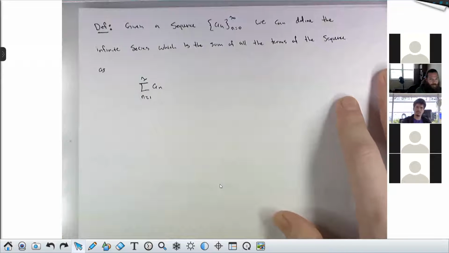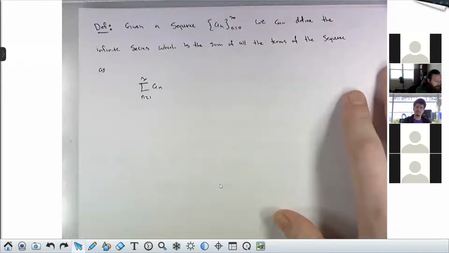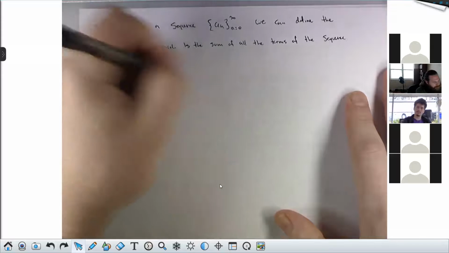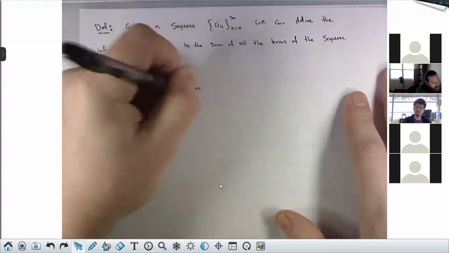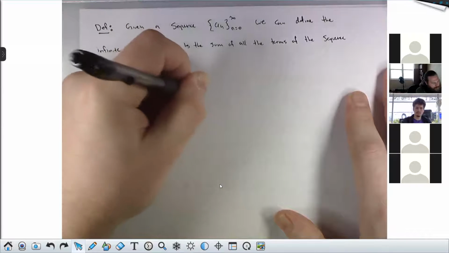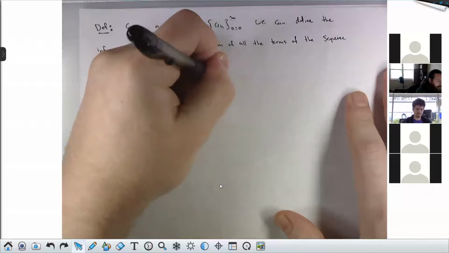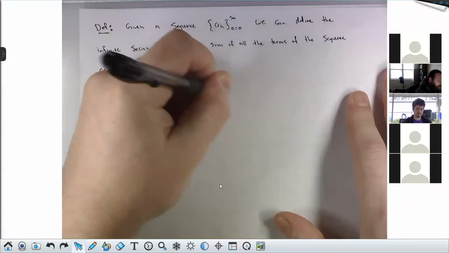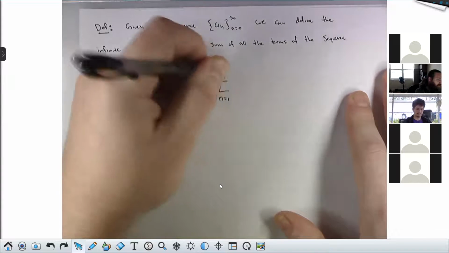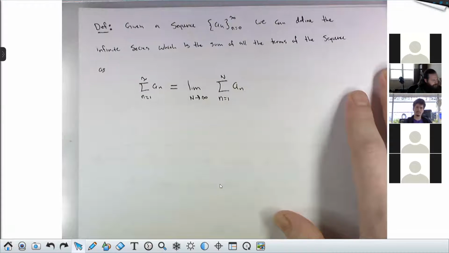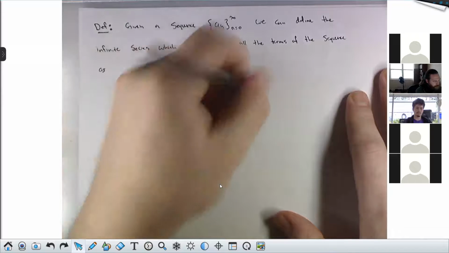My little hand will get very, very tired before I write out and add up all of those infinitely many things. We define this to be the limit as capital N goes to infinity of the finite sum, sigma n from 1 to capital N of a n. Period.